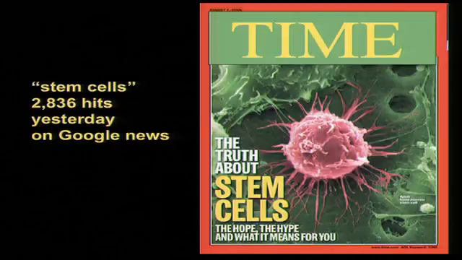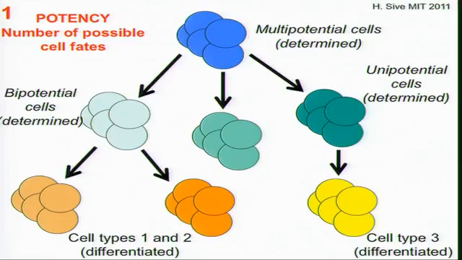You're going to need this concept. Stem cells, I'll point out, whatever they are, got almost 3,000 hits yesterday on Google News. This is way below baseball, which got 45,000, I checked. But still, as science topics go, stem cells are really up there. And they're on the covers of magazines over and over again. And we'll talk more about why that is.